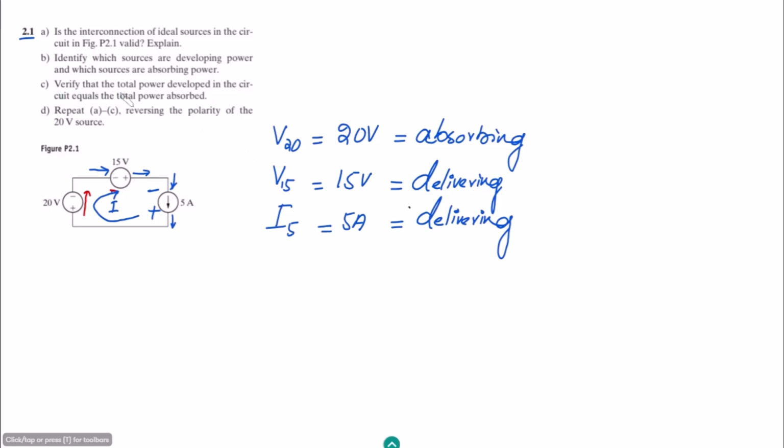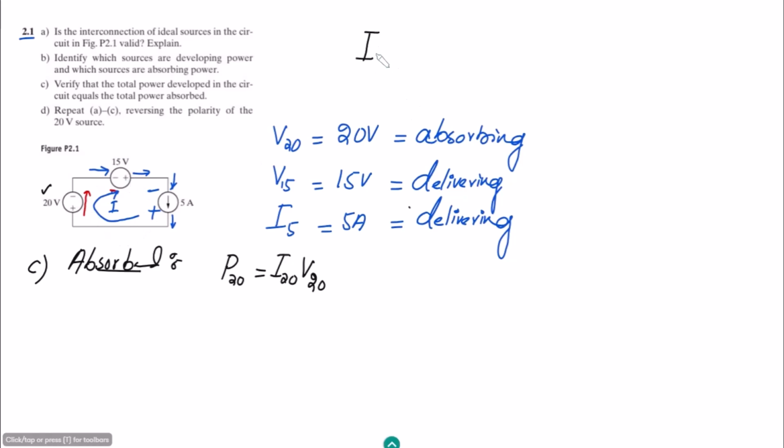Part C is: verify that the total power developed in the circuit equals the total power absorbed. Okay, so let me solve it, this is part C. First let me find all the absorbed power. The only absorbed power is through this one, which is P20. This would be I20 multiplied by V20, where V20 is the voltage across it, and I20 is the current flowing through all of this circuit.